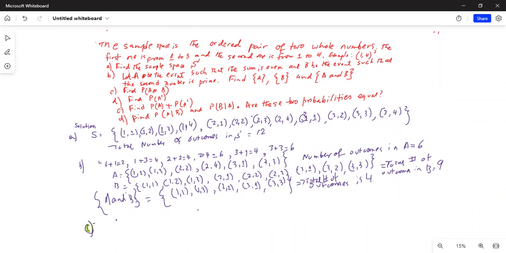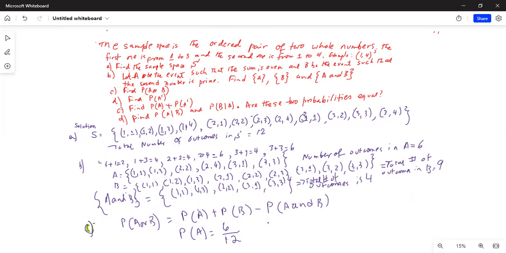Part C is the probability of A or B. The probability of A or B is equal to the probability of A plus the probability of B minus the probability of A and B. Now, for the probability of A, the total number of outcomes in A is 6, out of the total number of outcomes in the sample space, which is 12.